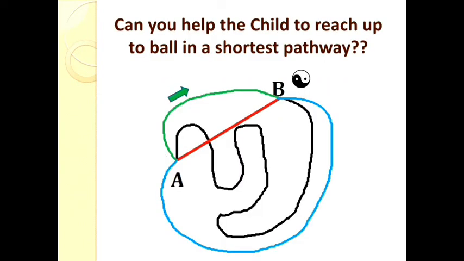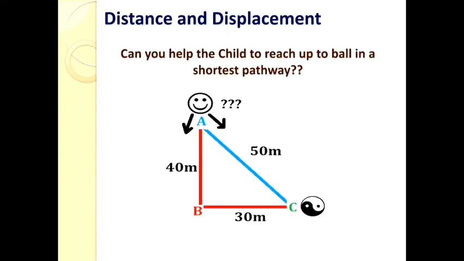Let's go back to the pictures. In this picture, if the child goes from A to B, B to C, it is the actual length. It can be called distance. But if you see the blue path from A to C, as it is the shortest path between the starting point and finishing point, this 50 meter distance can also be called displacement.